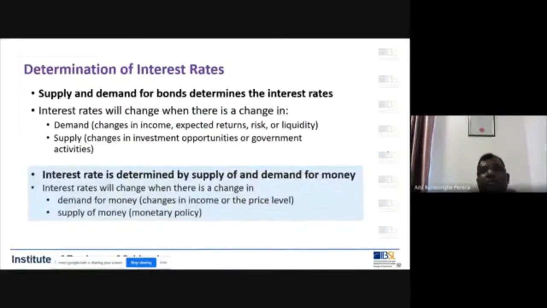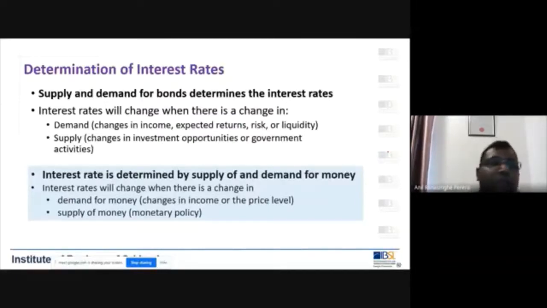How interest rates are determined, or the theory of interest rate. There are various theories to explain the interest rate and how it is determined. Most of these theories are actually traditional theories.